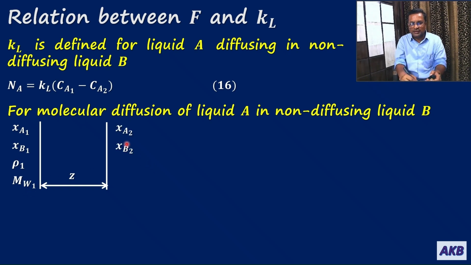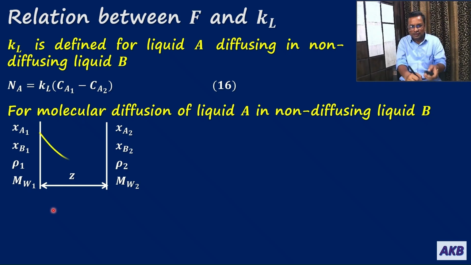And at plane 2, XA2, XB2 are mole fractions of A and B. Rho 2 is the density of the solution and MW2 is molecular weight of the solution. So in case of liquids, as you move from this plane to the other plane, there is change in the concentration. In case of gases, it was considered to be constant, but in case of liquids, it appreciably changes, and we need to take that into consideration.